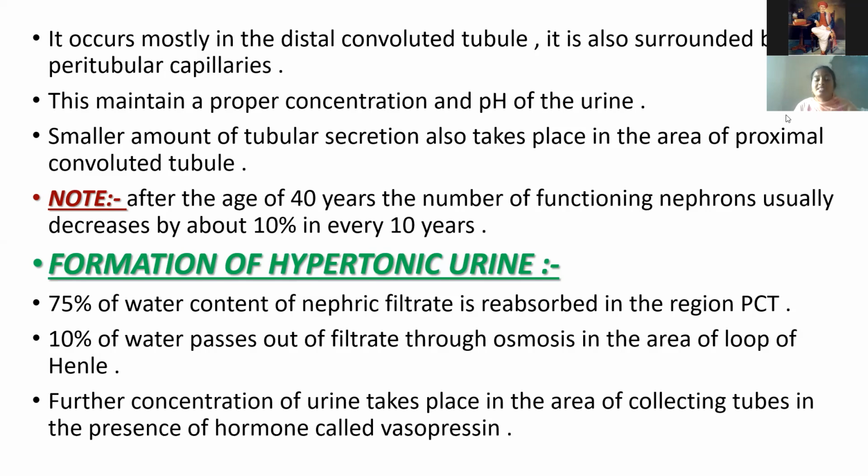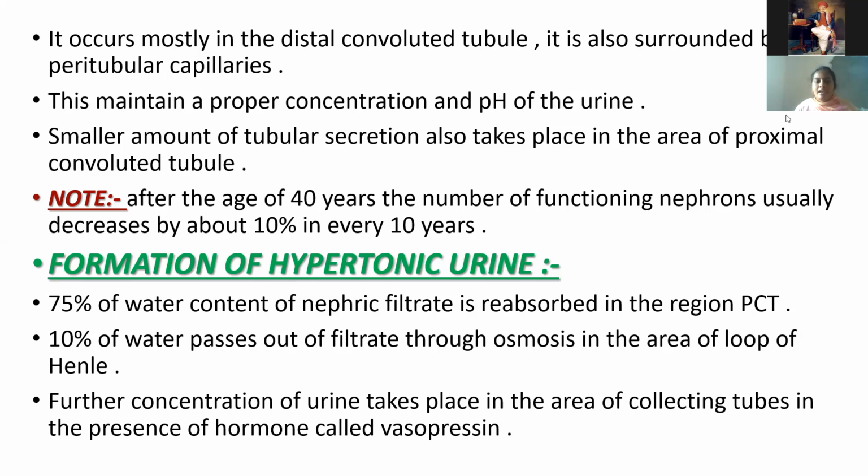A small amount of tubular secretion also takes place in the PCT region. What is the function of the PCT region? A smaller amount of tubular secretion takes place in the proximal convoluted tubule, and the reabsorption of useful material also takes place in the PCT region.